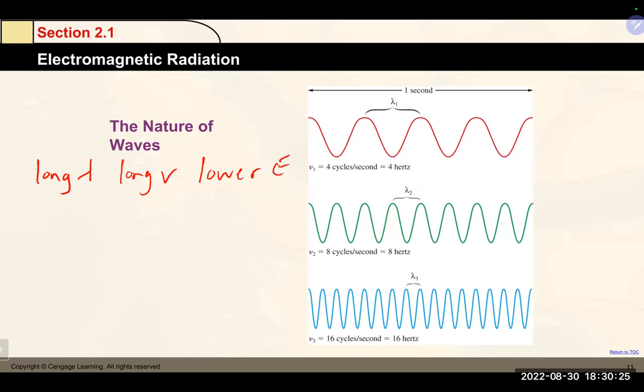When we talk about a short wavelength, it usually has a high frequency. So I guess low would be a better way of wording that. Low up on top, a high frequency, and it has usually high energy.